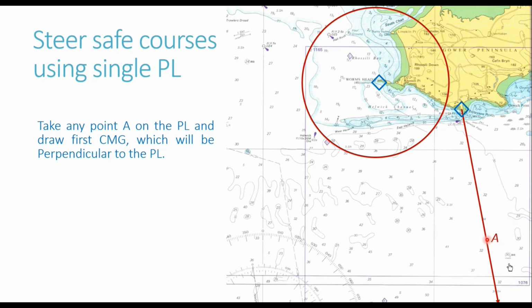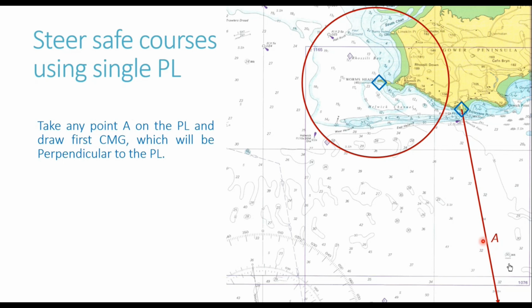Now from this point A, we are going to draw our first course made good. The first course made good which we require, that we are going to plot from this point A, which we have arbitrarily picked up. This could be any point on the initial PL of your choice. Now, how do we draw our first course made good?